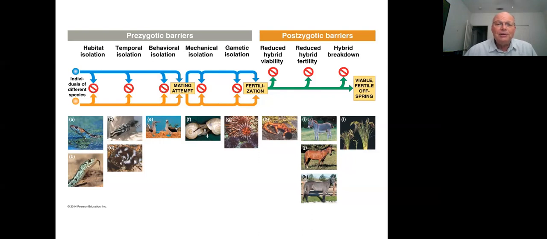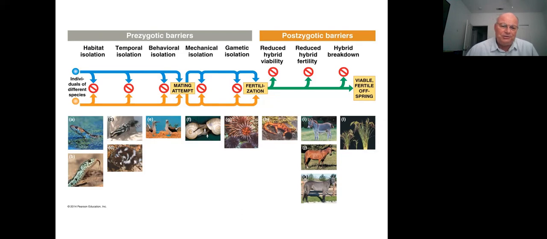But suffice to say that in these organisms, there are proteins on the surface of the egg that serve as receptors and recognize proteins on the surface of the sperm to identify the correct sperm from those that are incompatible. So these are sperm-egg recognition proteins, and they must match in order for the sperm to be able to fertilize the egg. And so if the proteins are incompatible, then the gametes are going to be isolated from each other because the sperm cannot fuse with the egg.